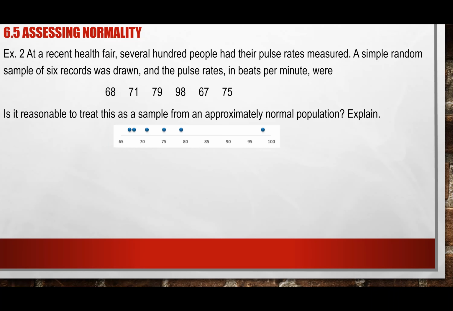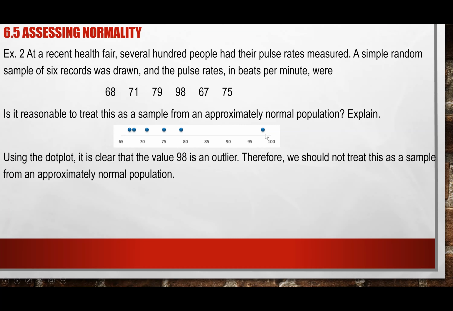If you were to do a dot plot, you'd see that a lot of your data is around this area, and one data point is way out here, which will most likely be your outlier. And if your data has an outlier, then we cannot use a normal distribution. Everybody see that? That's all there is in 6.5, ladies and gentlemen.